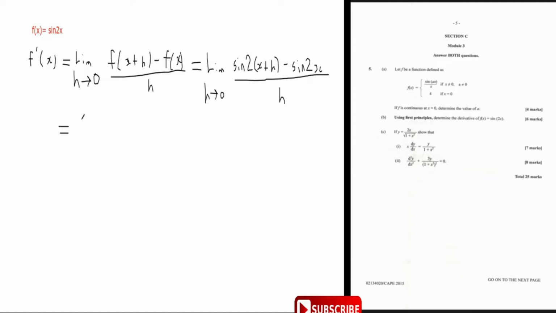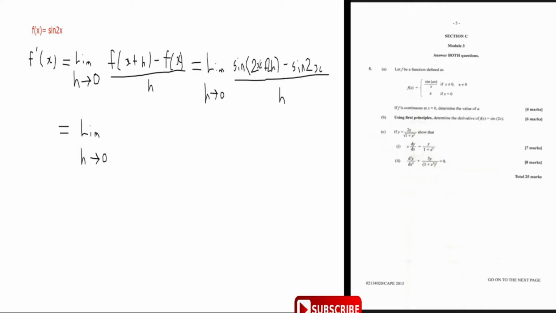That is equal to the limit as h tends to 0 of. Now there are two ways I can do this. This sine of 2 times x plus h, I am going to rewrite as sine of 2x plus 2h, when you expand the 2.